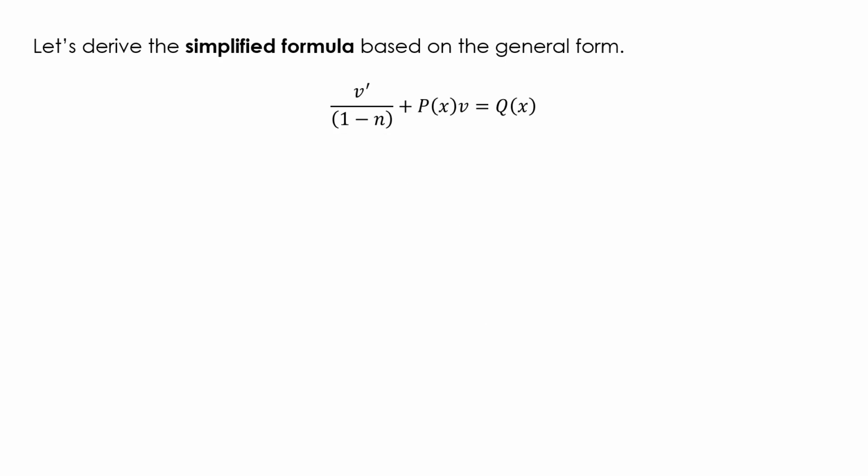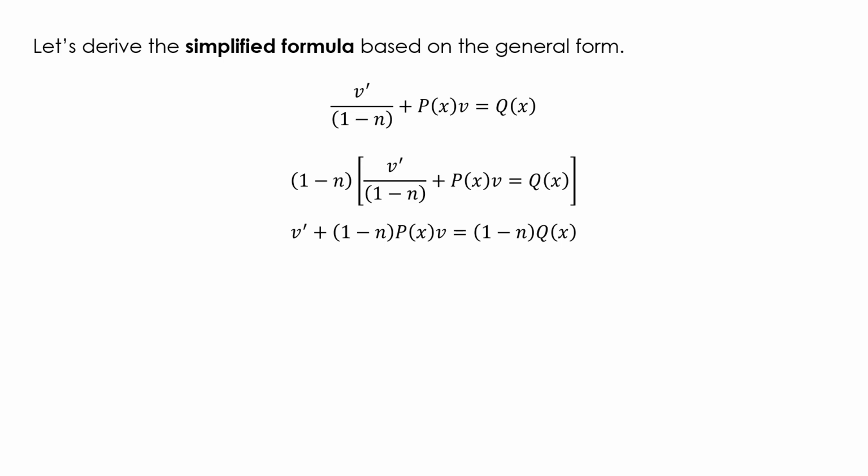But we are not finished yet, since a linear form necessitates that the first derivative must have no coefficients. So we multiply both sides by 1 minus n.